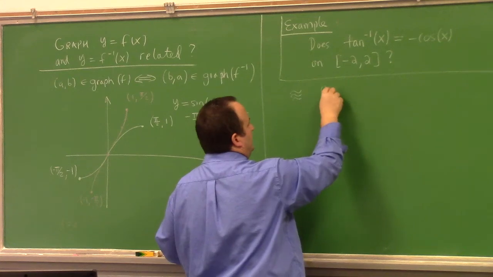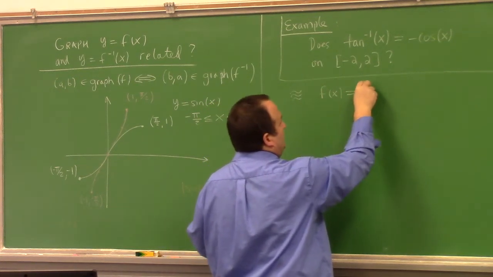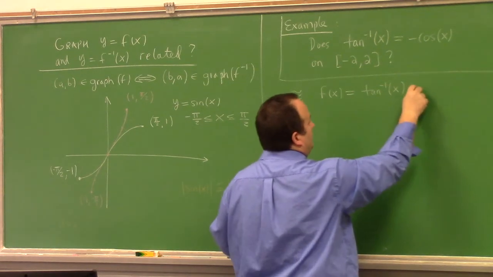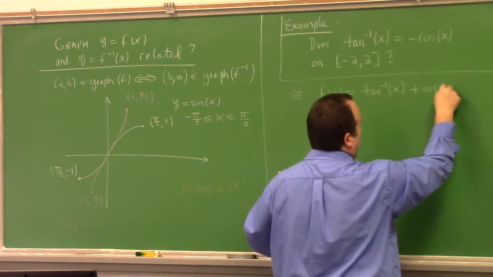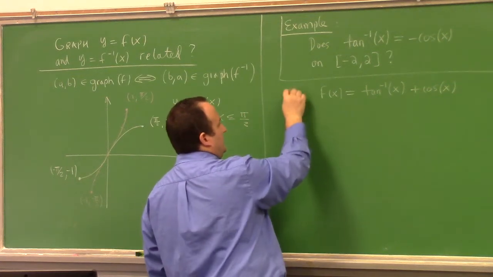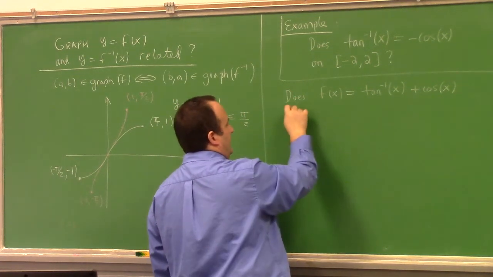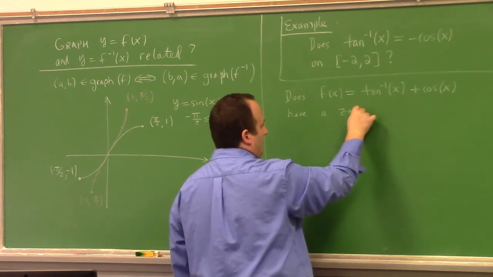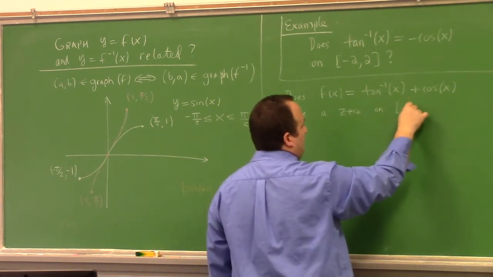We're going to say this question is equivalent to the question: if we let f of x equal inverse tangent of x plus cosine of x, does this function have a 0 on minus 2 to 2?